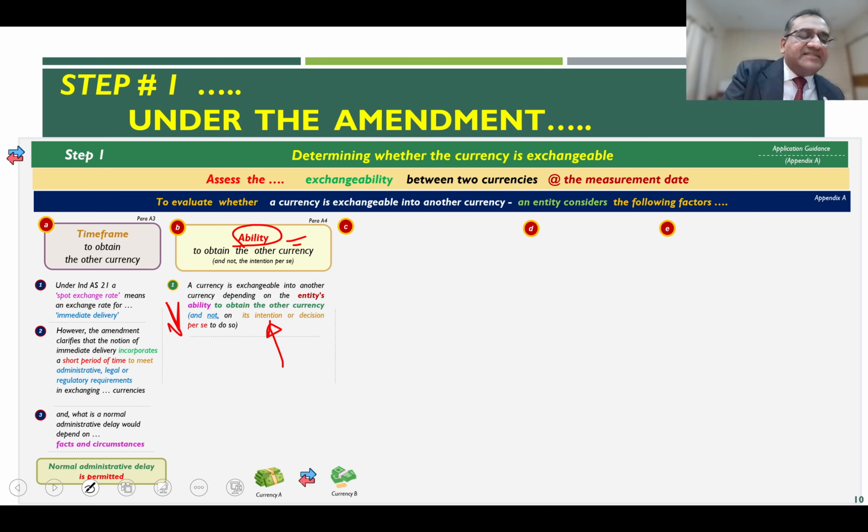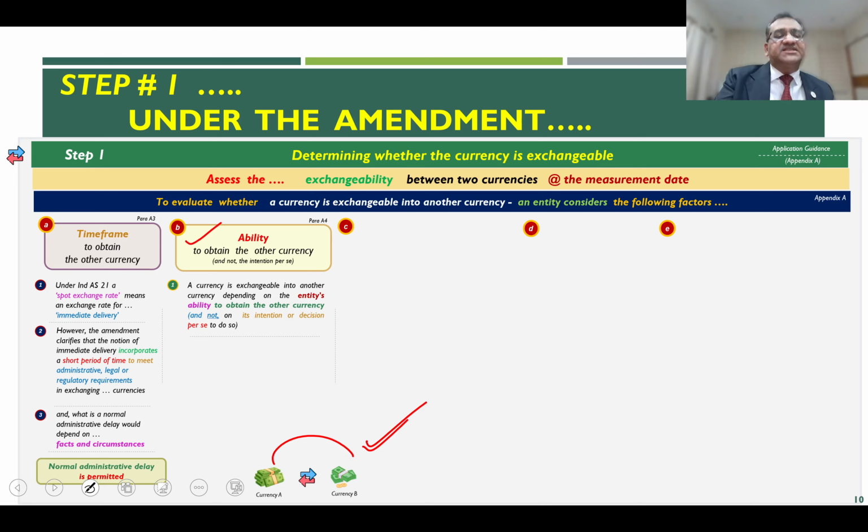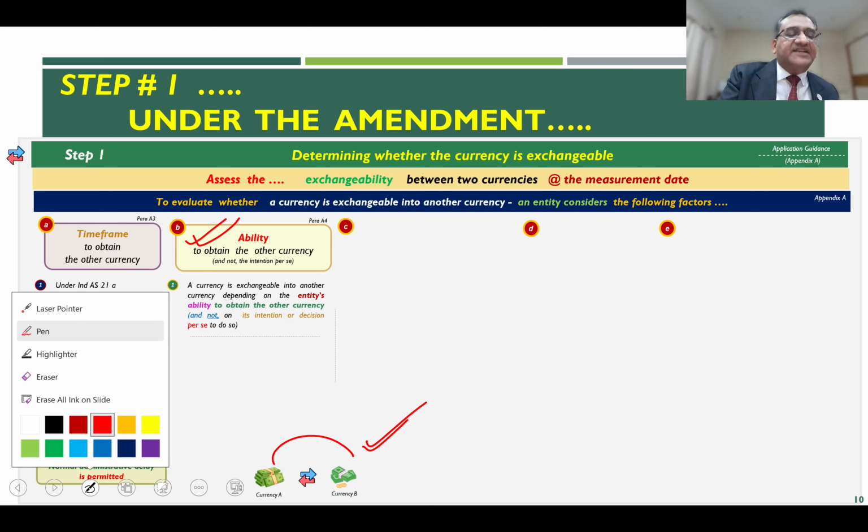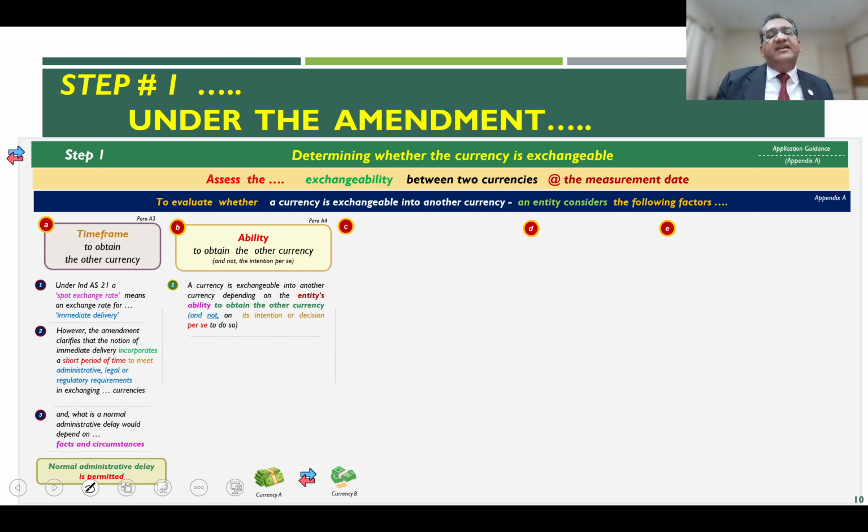As long as the entity has the ability to enter into a valid enforceable transaction and exchange one currency into another, it is deemed that this particular factor is satisfied. That means exchangeability does exist as long as the entity has the ability to exchange one currency with another.